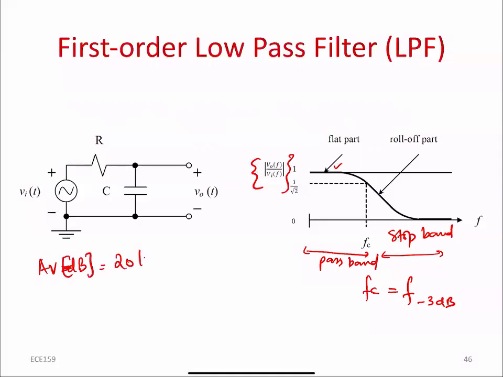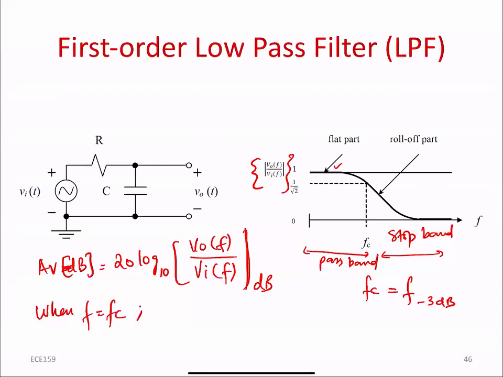It is 20 log base 10 of the output voltage with respect to the input voltage, in dB scale. And at the cutoff frequency, that gain is negative 3 dB. So at the cutoff frequency, the gain drops by 3 dBs.